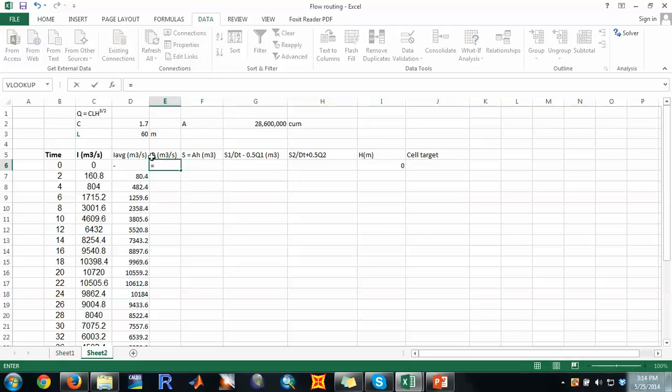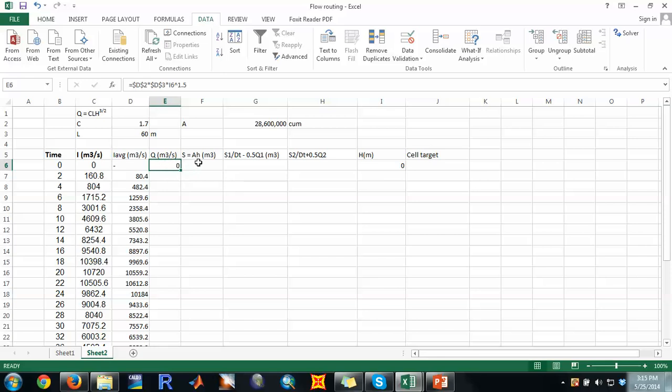This is CL, so here is our C, a constant value, fix it with a dollar sign, and then times L, also a constant value, fix it with a dollar sign, and then times H raised to 3 over 2, which is raised to 1.5. Okay, press enter, and then you only calculate at that time step for a moment.